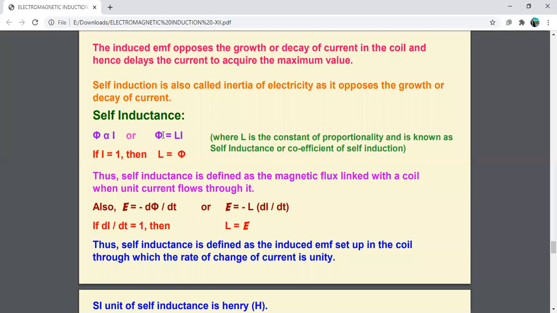That is, Weber per ampere is called Henry. If you say L equal to phi upon I, then the unit of phi is Weber and the unit of I is ampere, then L equals Weber per ampere. So Weber per ampere itself is called Henry.